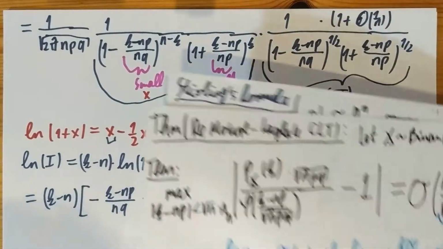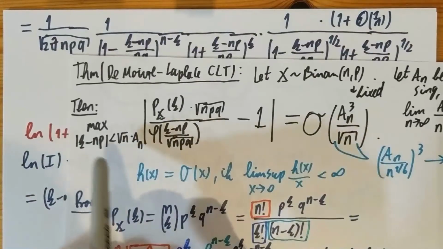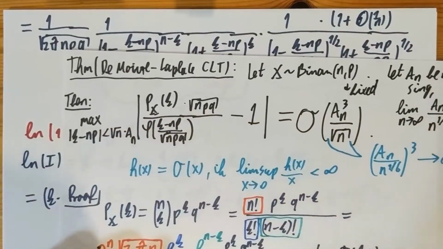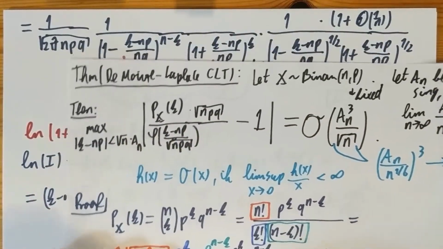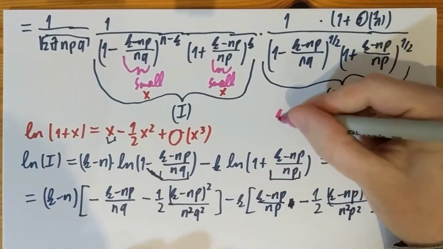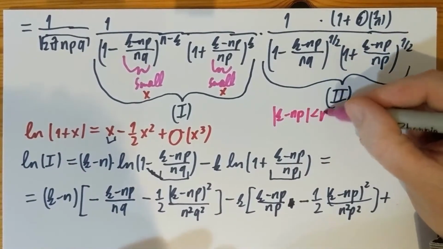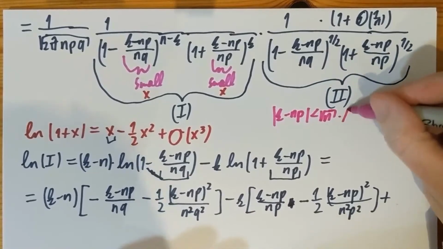Now I claim that this is not very large. So k minus np is smaller than root n of an. So k minus np, let me expand a little bit on this. k minus np is smaller than square root of n times an.